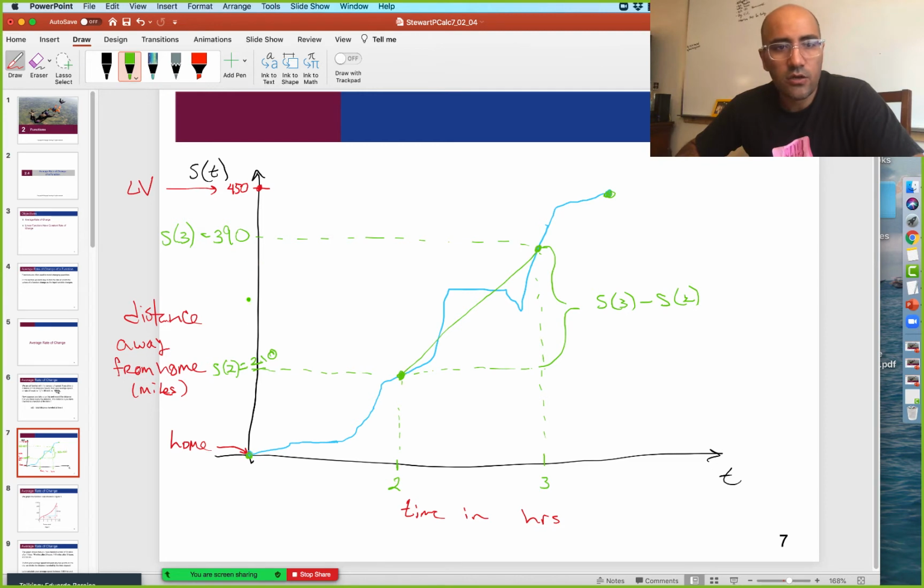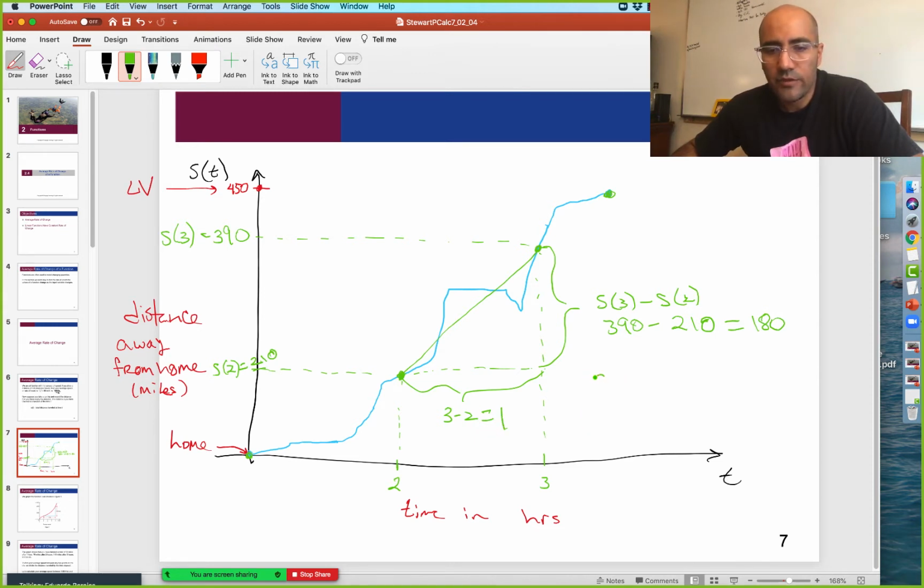That gives me the change in the vertical direction, which for these numbers that I made up would be the difference between 390 minus 210, so 180. And then in this direction, the difference is just 3 minus 2. So the average rate of change would be 180 over 1.